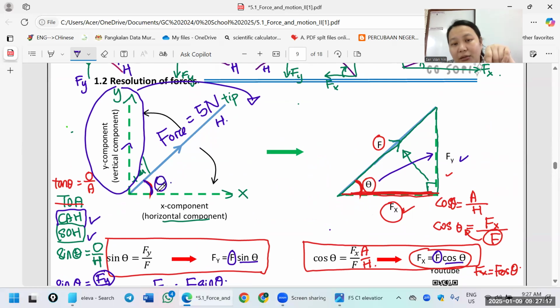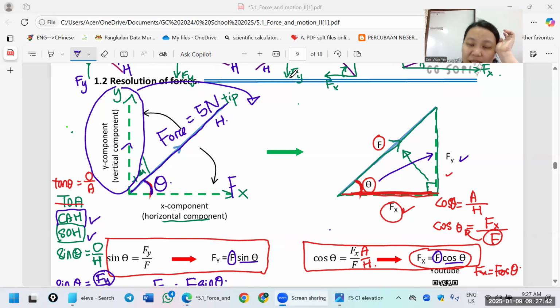If this angle touches Fx, then we use hypotenuse, means original force, cos theta. If this line doesn't touch the angle, means opposite. So we use original hypotenuse times sine theta. Understand?